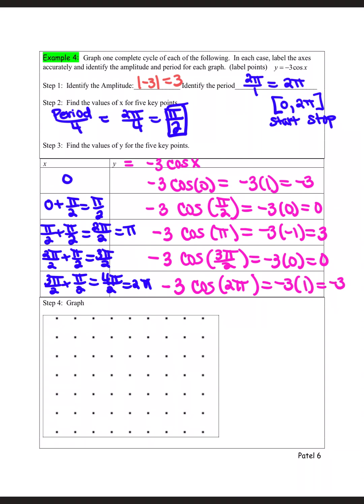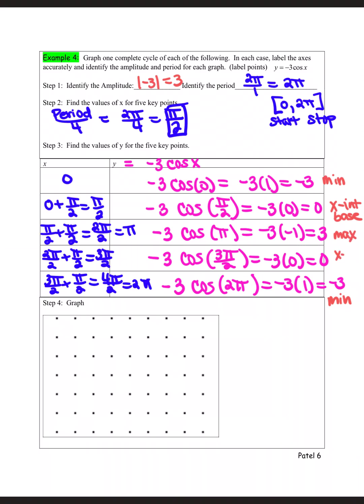So notice when I pointed out earlier that cosine usually starts at max and ends at max. Well, in this case, because it had that negative sign, it has a reflection. So it starts at min and it stops at min. So we have our first point being 0, negative 3, which is a min value. Then we have our x-intercept, which I called my base. Then we have pi, 3, which is my max.